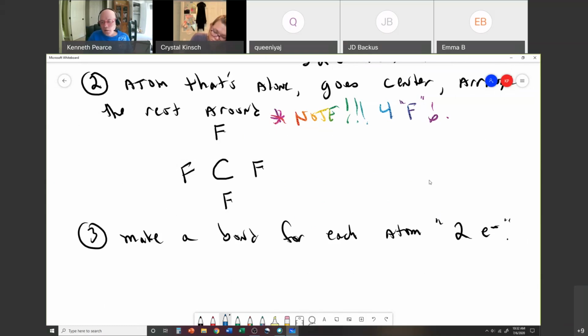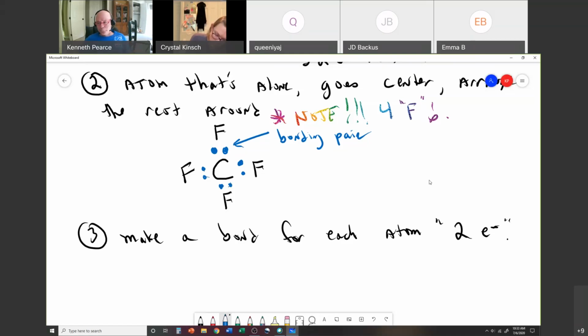It's 2 electrons. So here's a bond. There's a bond right there. You see that? There's 2 electrons. That's a bond, otherwise known as a bonding pair. All right, and then we're going to put 2 here, 2 here, and 2 here.